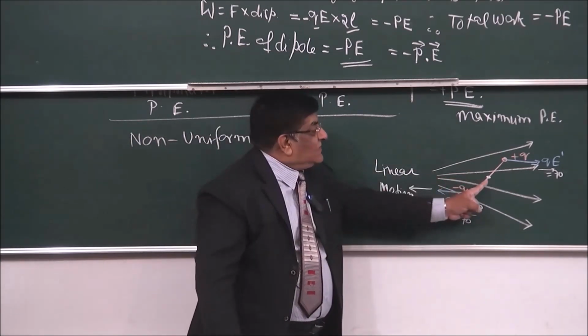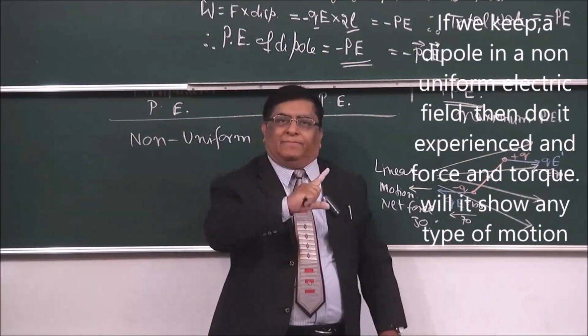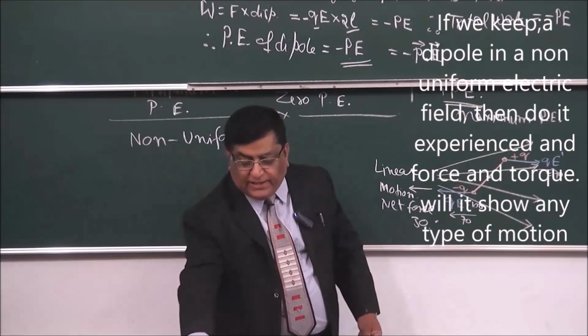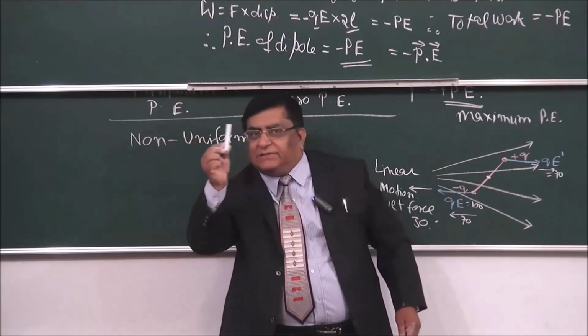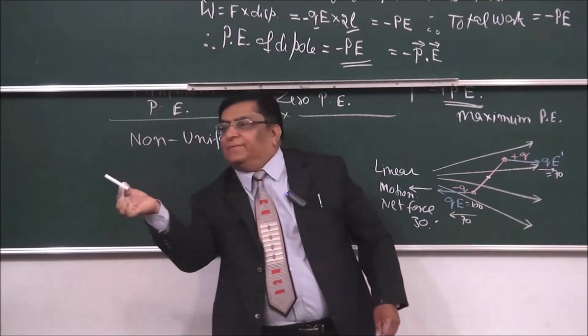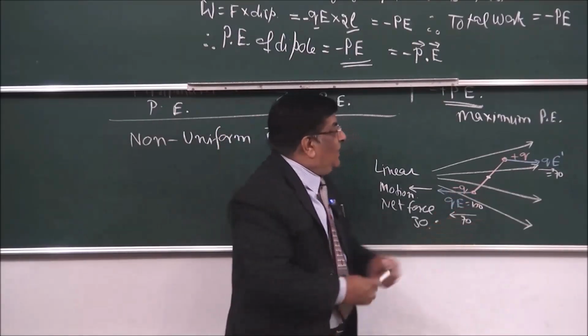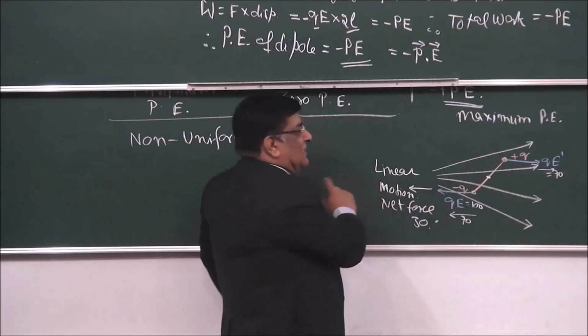So this dipole will have two motions at one time, just like this. This is having a turn, plus it is also moving in this direction, this way. So it will be having a turn as well as it will keep sliding in this direction.